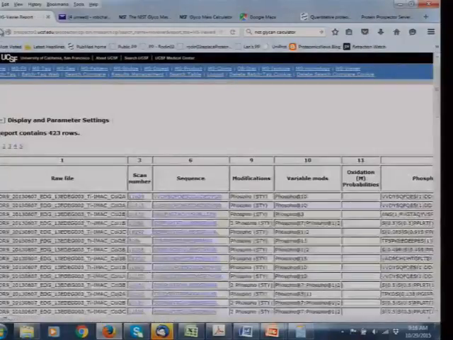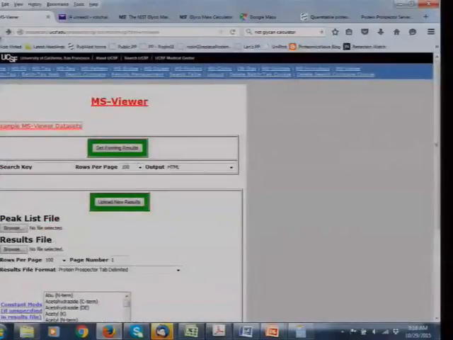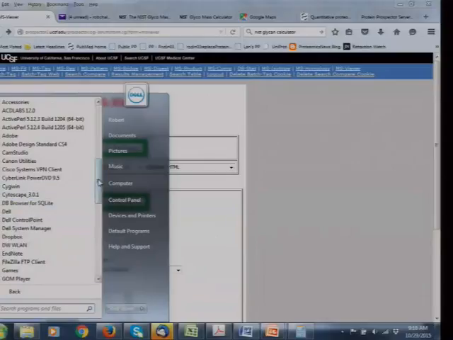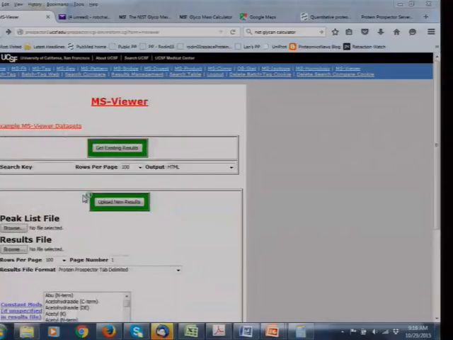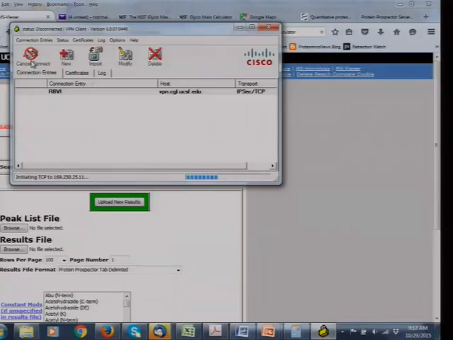I'm trying to connect to the actual full results from that particular data set, but it's being tricky.